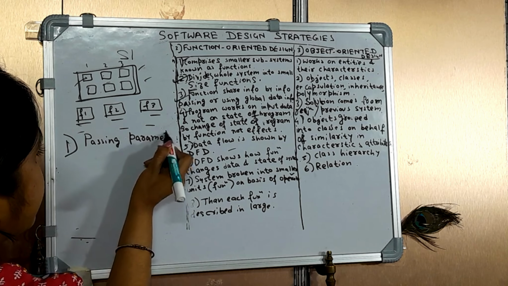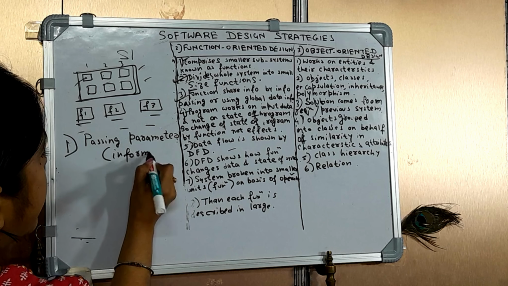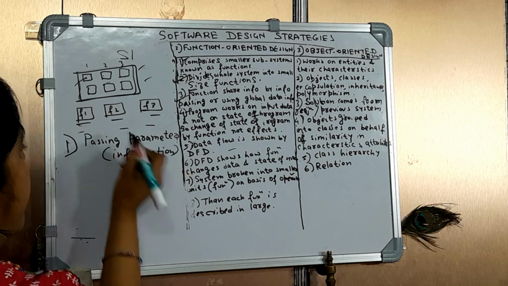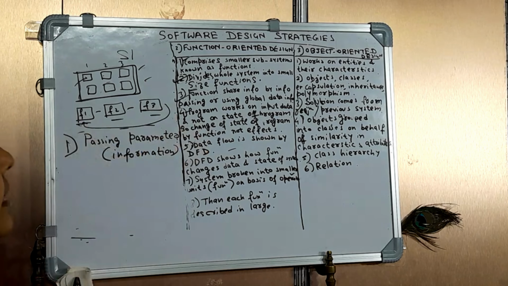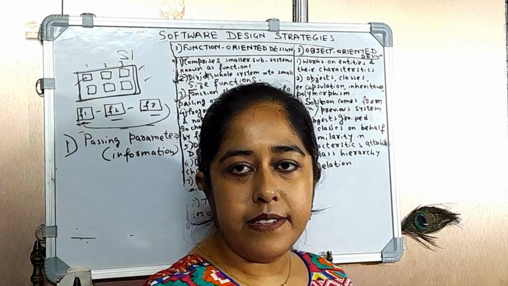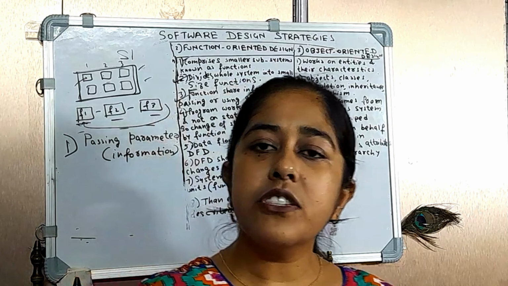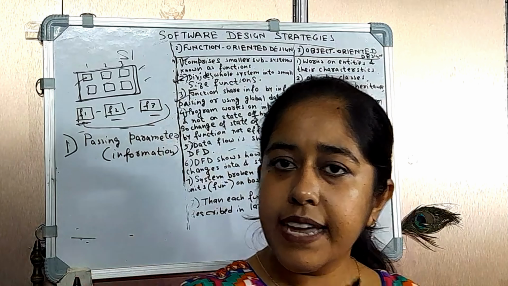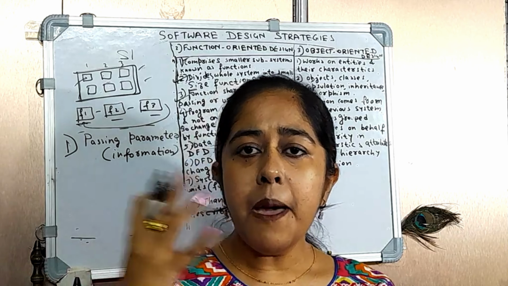Passing parameters means they are passing the information from one function to another. This is how they are interconnected. So how can they share their data? They can obviously pass parameters, passing the data in the form of parameters from one function to another.